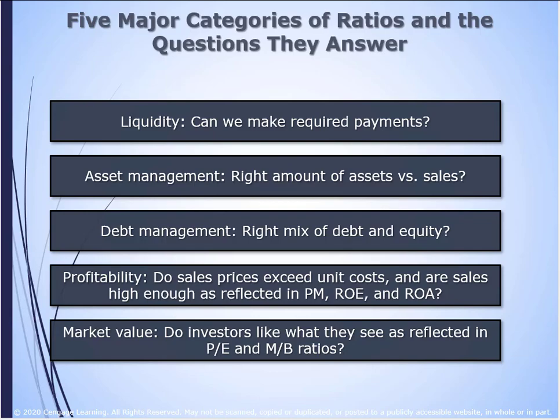And finally, we're going to look at market value ratios, which basically answer a question: do investors like what they see? If these numbers are high or higher, then that implies that investors like the company and they're willing to pay for the profits of the company.